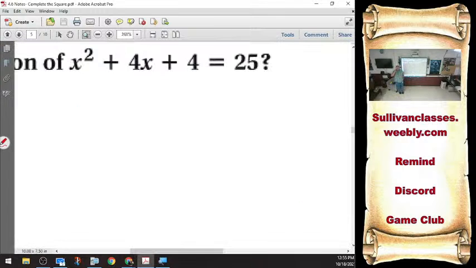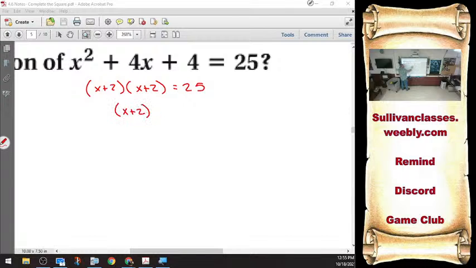Case in point, if I were to factor the left side, don't move the 25 yet. Factor the left side. What factors of 4 add up to 4? 2 and 2. So it's x plus 2, x plus 2, right? And we said we can write that as x plus 2 squared.